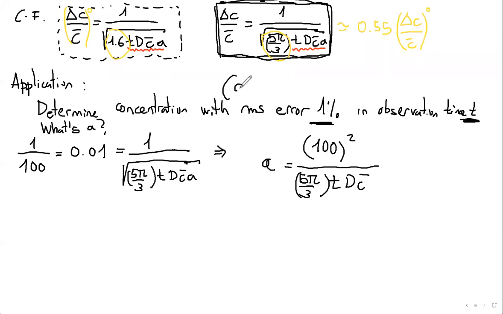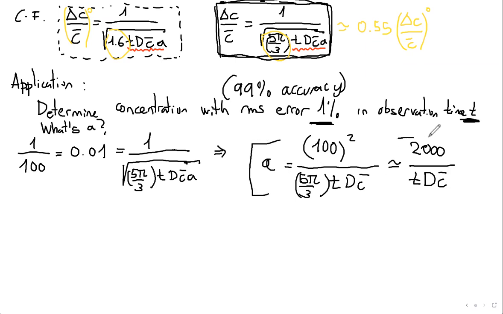So this is the same as saying 99% accuracy in a time t for measuring molecules with diffusion coefficient D. Okay, so this turns out 100 squared divided by this number is around 2000 divided by t times diffusion coefficient times concentration. Okay, it's there. All right.